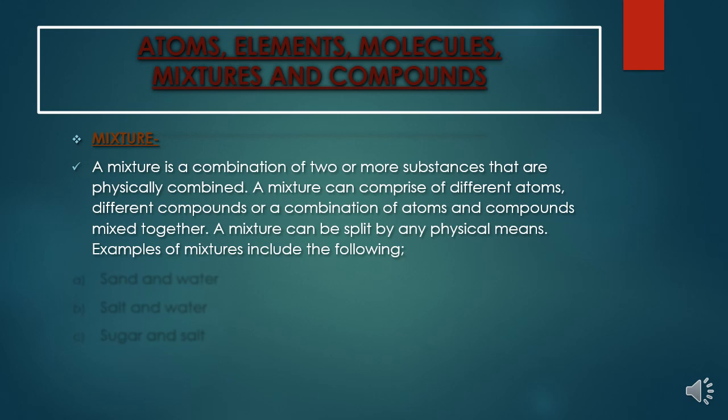These can be separated using physical means. An example is a mixture of sand and water, which you can separate by filtration. A mixture of salt and water, we can separate by the evaporation process. And a mixture of sugar and salts.